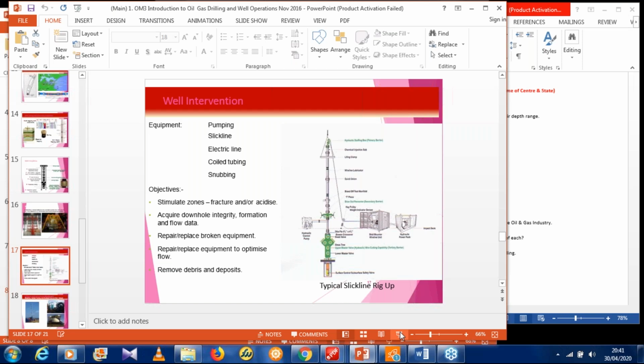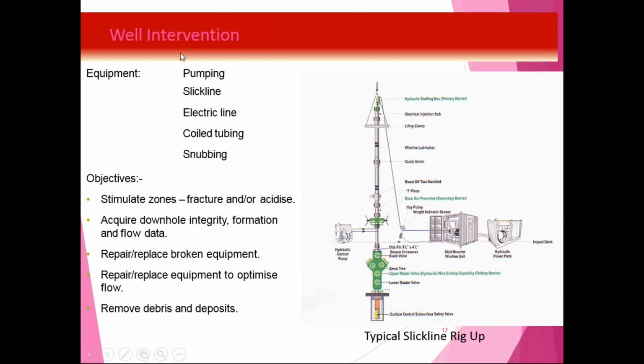Sometimes the quality is not as much as it used to be, so the capacity may not be as it used to be naturally. In such a case, we might need to carry out well intervention. Now, in doing that, we make use of this.